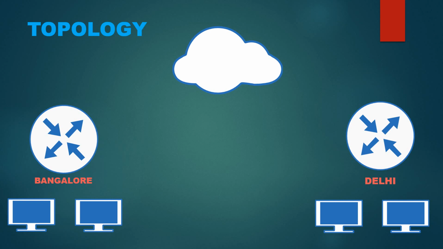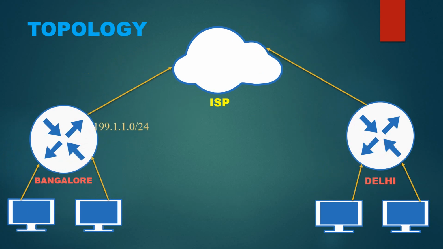If you want to build a logical point-to-point tunnel, like in this scenario, I have a public address for Bangalore, that is 199.1.1.0/24, and I also have a public address for Delhi, that is 200.1.1.0/24.